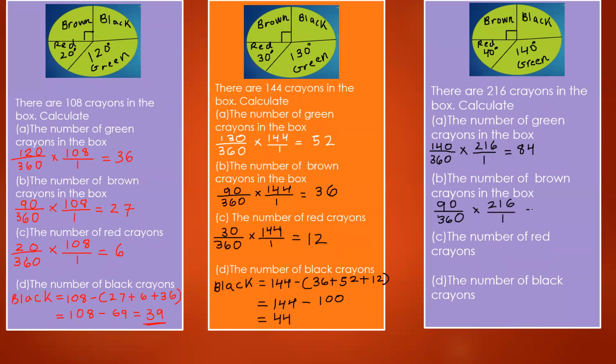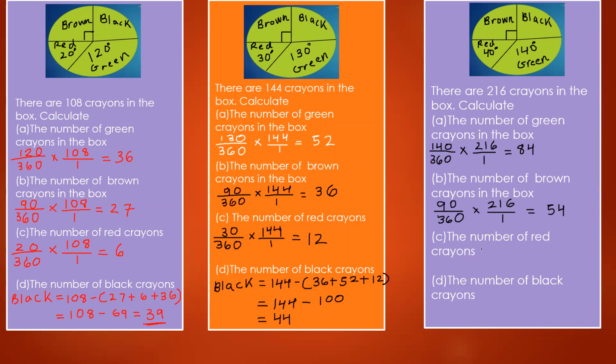When you multiply that, it's 1944 over 36, which equals 54. So the final answer is 54. Good. Did anyone else get 54? Yes, sir. Okay, good.